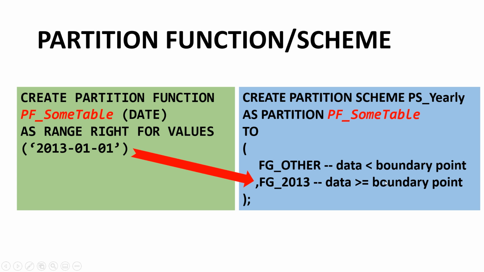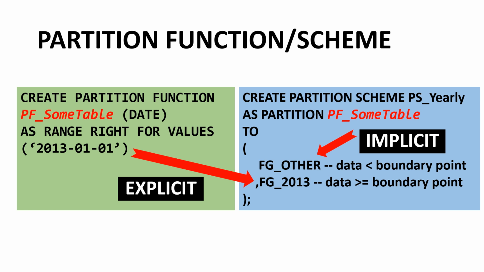So you need another place to put data that is below or outside the expected value. We're defining an explicit boundary point, but implicit is that things that are lower than that boundary point go somewhere else. And this is why the syntax looks a little different between the scheme and the function.